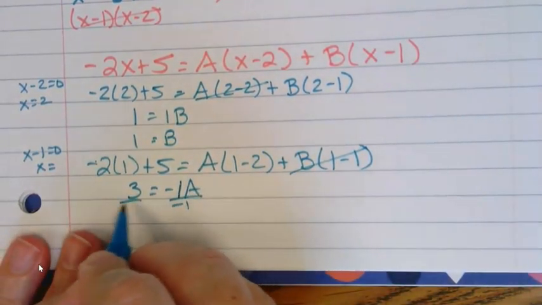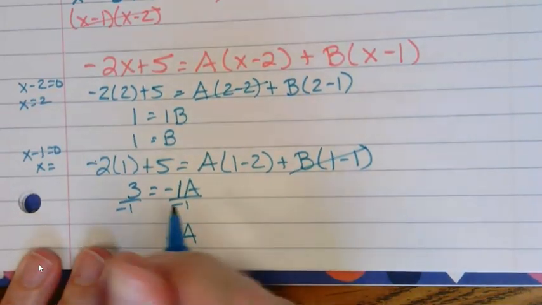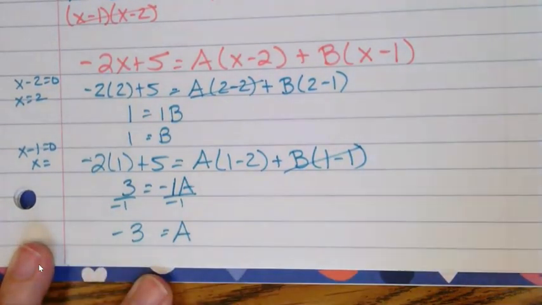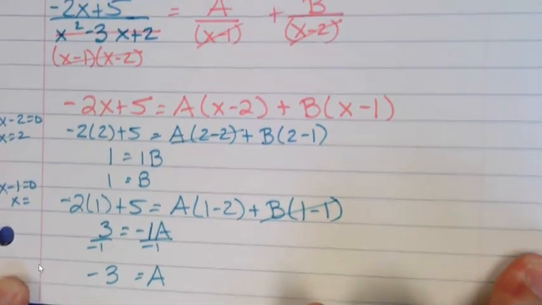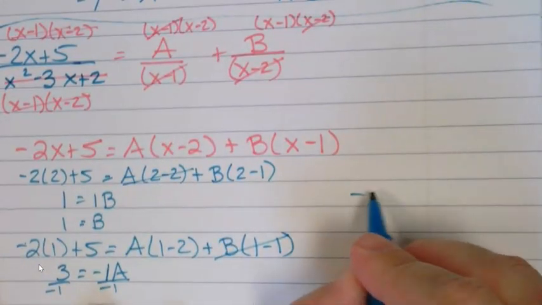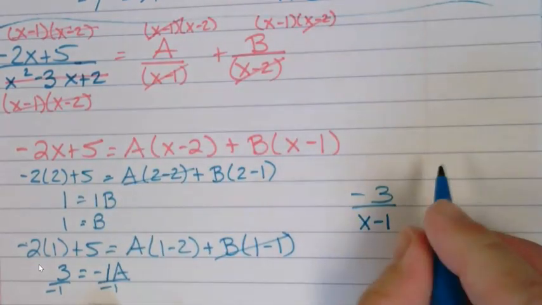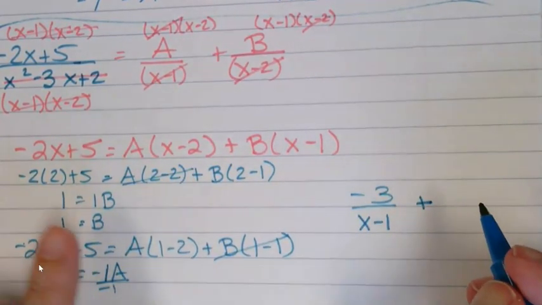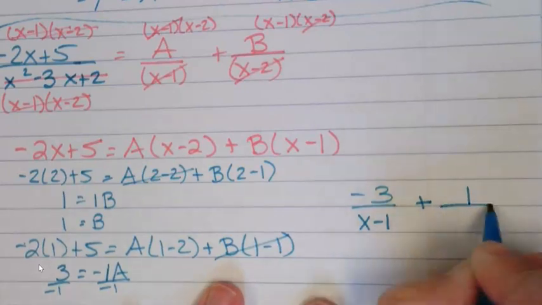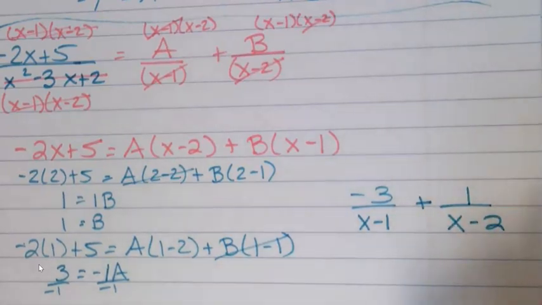Divide by negative 1. a equals negative 3. Remember, we're going to go back up here. So we know negative 3 is my a value. It goes under x minus 1, plus b is 1, and that goes over x minus 2.